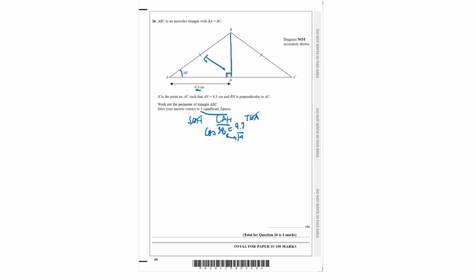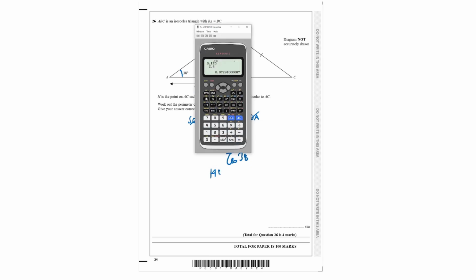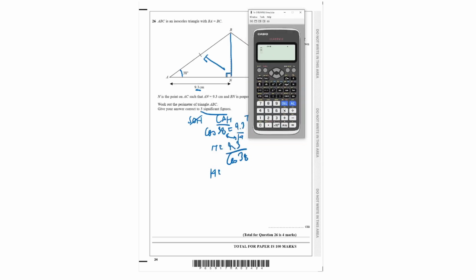So we get h is equal to 9.3 divided by cos 38. We can then put this into a calculator to find our answer, which is 9.3 divided by cos 38, which gives us 11.8.